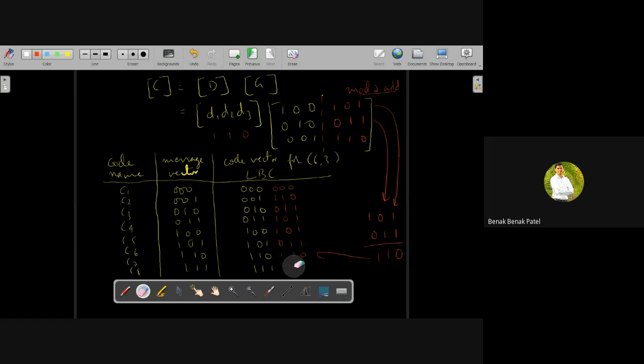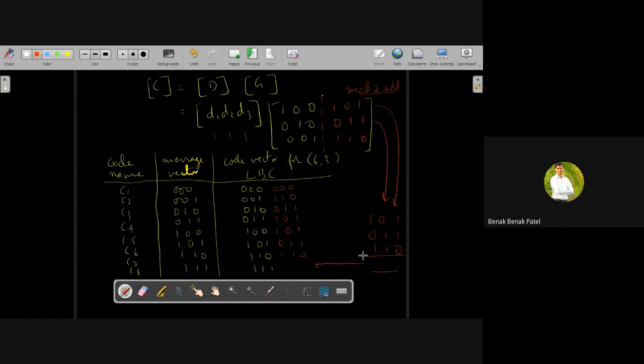And finally, I have to consider all three rows, because all are 1 for my last message vector combination. So here I'll be considering 1, 0, 1, 0, 1, 1, as well as 1, 1, 0, and I have to do this XOR operation.